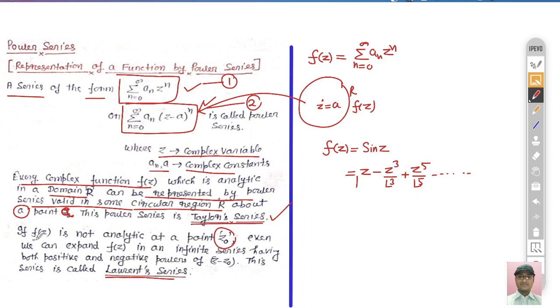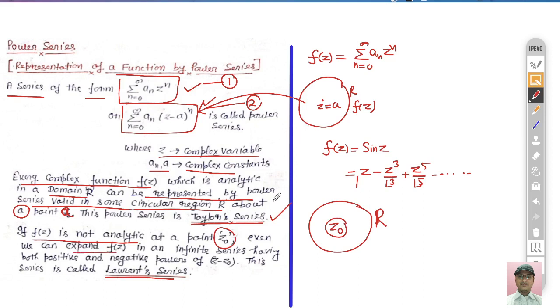So let's suppose f(z) is not analytic at a point z naught, where z naught is a point inside this domain R. If it is not analytic at this point, even then we can expand f(z).